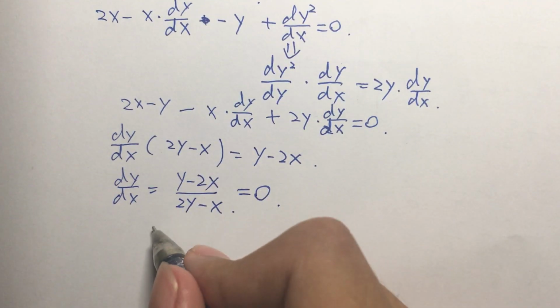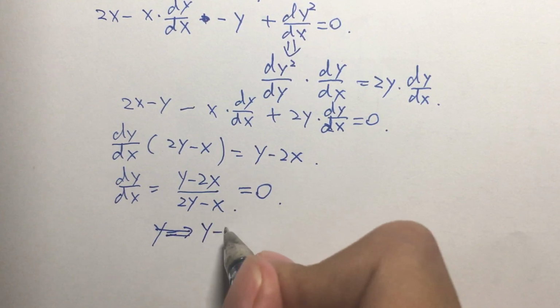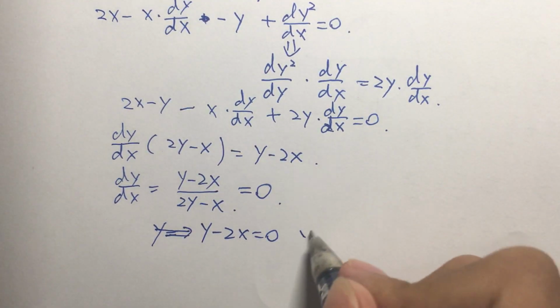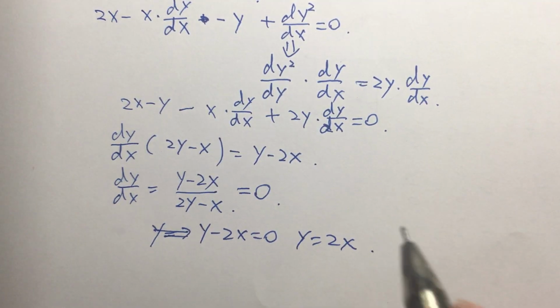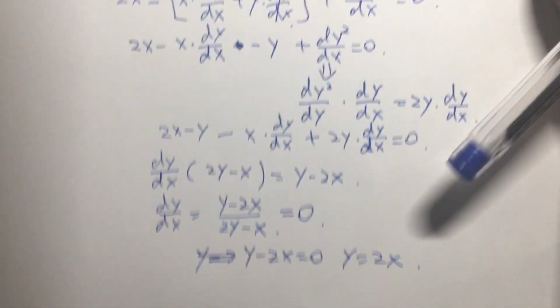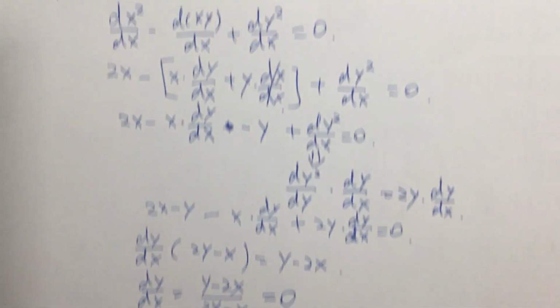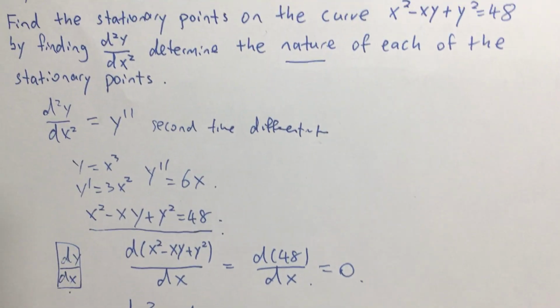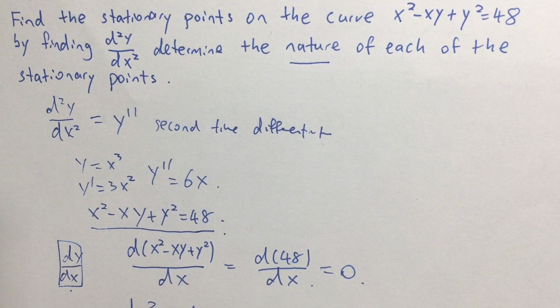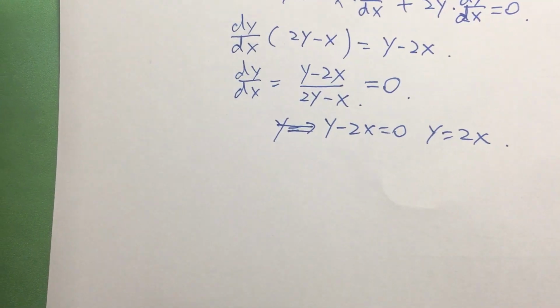So y minus 2x equals 0, y equals 2x. And this is only the first part of the question. And the second part, because we need to find d squared y over dx squared, which means we need to do this again.